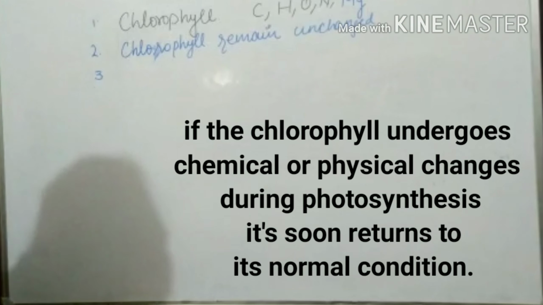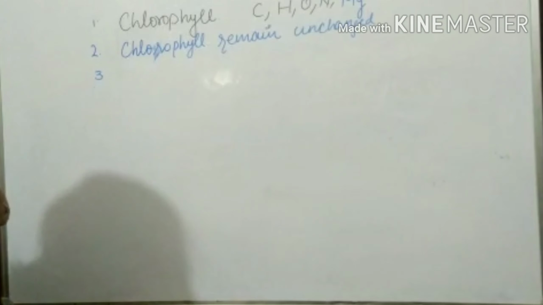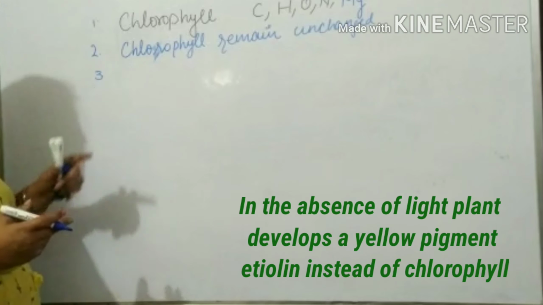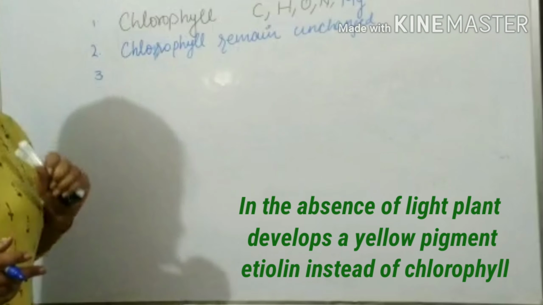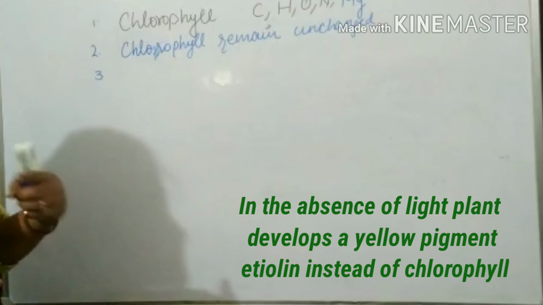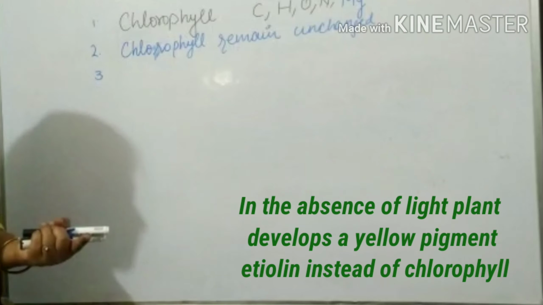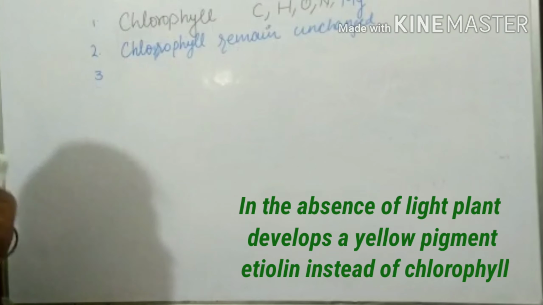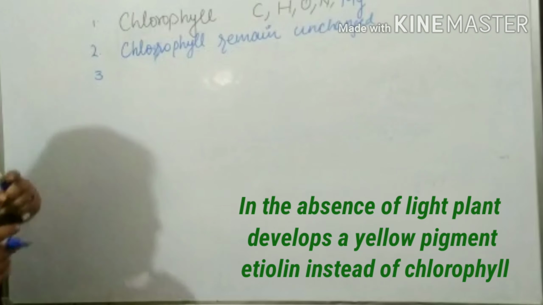In absence of light, chlorophyll can't synthesize and the leaf turns etiolated, yellow in color. That yellow color is due to the presence of etiolin pigment, and that leaf is called an etiolated leaf.